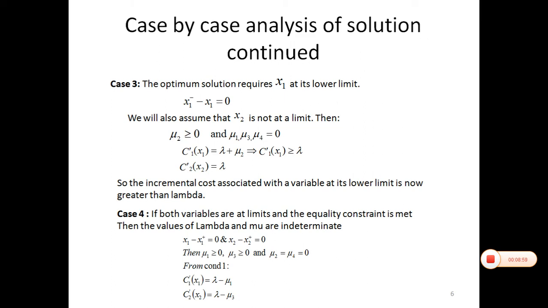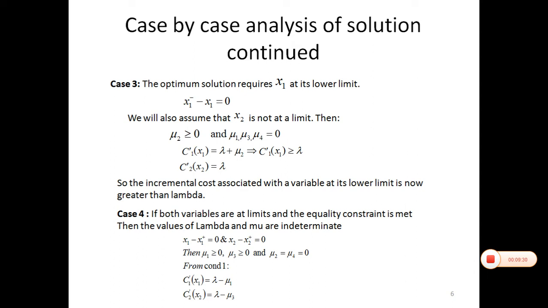Case 3: the optimal solution requires, for example, x1 at its lower limit and x2 not at either its upper or lower limit, so x1 minus x1 equals to 0, and since x2 is not at a limit, your mu2 will be greater than or equal to 0, and mu1, mu3, mu4 will be equal to 0. So your incremental cost function related to independent variable x1 will be equal to lambda plus mu2.